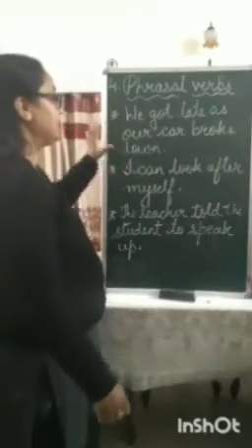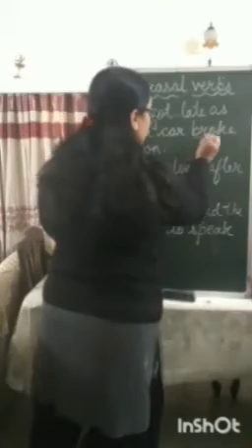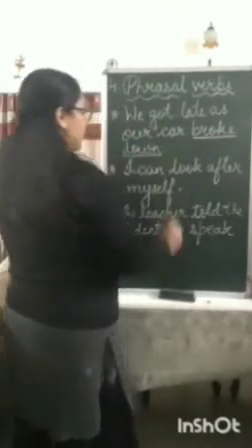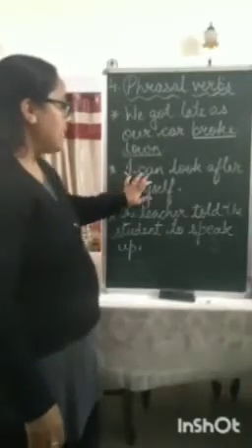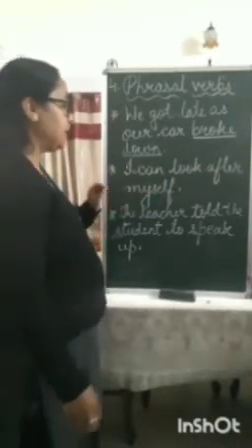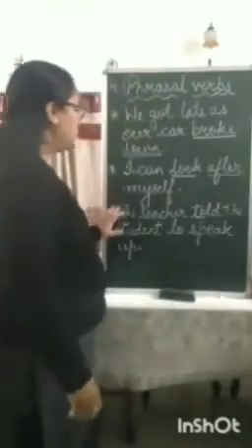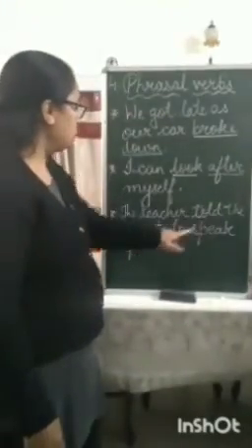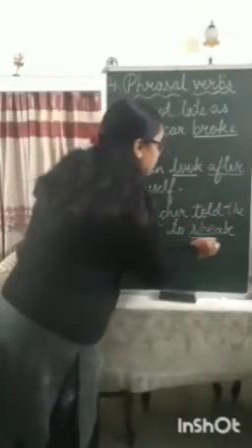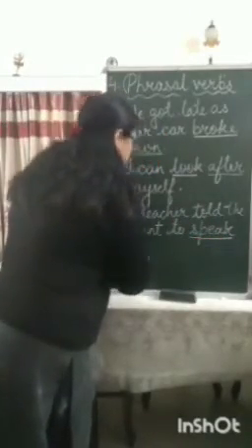So in this sentence I'm underlining 2 words, broke and down. Second one, I can look after myself. Now in this sentence, I'll be underlining 2 words, look and after. And the third one, the teacher told the student to speak up. Here I'll be underlining the words speak and up.